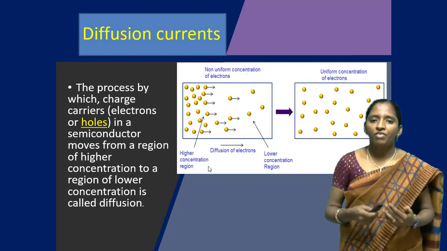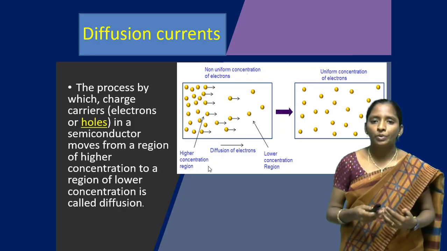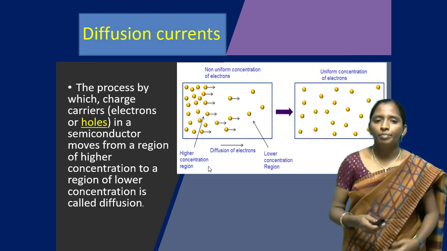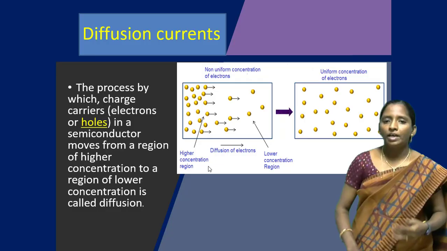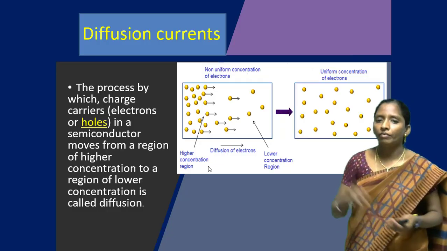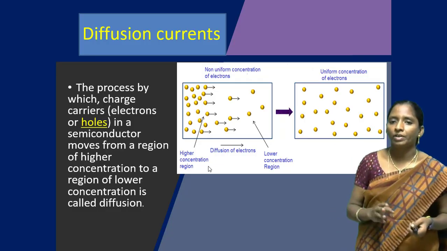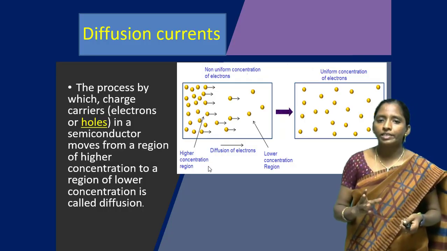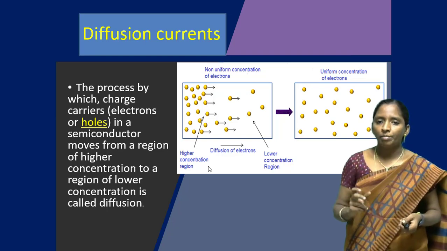Another current is diffusion current. Here the diffusion current is only due to the concentration gradient of the charge carriers. That means, let us look at the figure. In the first figure, the concentration of the electrons is non-uniform in the given semiconductor material.